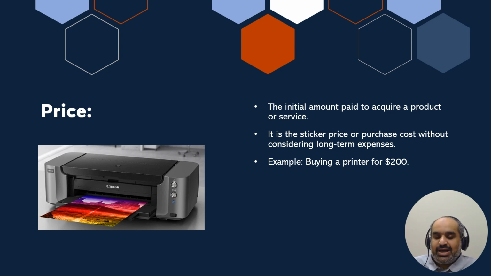What should be the ideal consideration? If you go with the traditional methodology of the cheapest price or the lowest cost, you may end up choosing not the best product, or you may end up paying a higher cost over the life of the product.